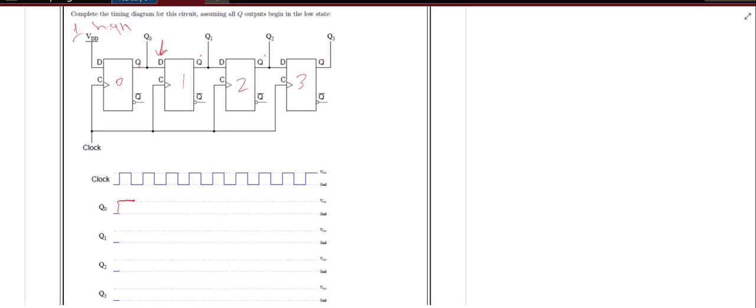And so these are always going to see the value from the clock cycle before. So Q1 does not change. Q2 likewise does not change, and nor does Q3, because they still all have a 0 sitting at their input.